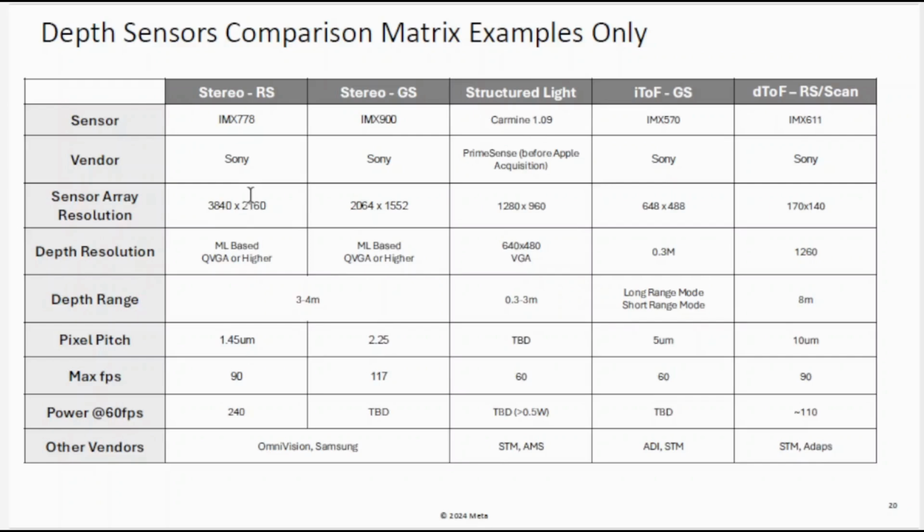I have noted there's a lot of work, our partners from ST, AMS, OmniVision, Samsung, all of these offer solutions in a variety of these spaces. Structured light's a great example where if you remember the HoloLens from Microsoft, that's what they use, and that was a dedicated PrimeSense sensor before Apple bought that company.